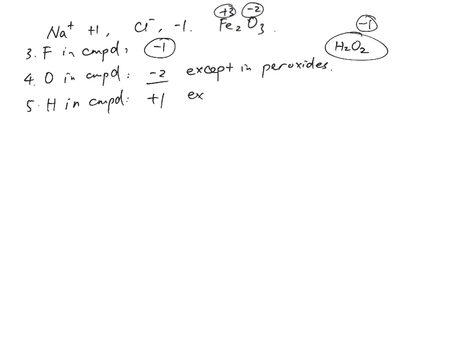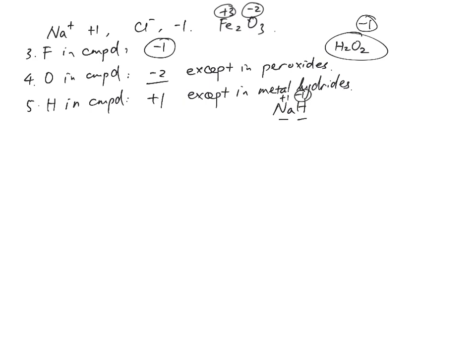Except when it acts as a nonmetal in metal hydrides, such as NaH. That's an ionic compound. Sodium is always +1, and that makes your hydrogen -1 because the charge needs to balance off.